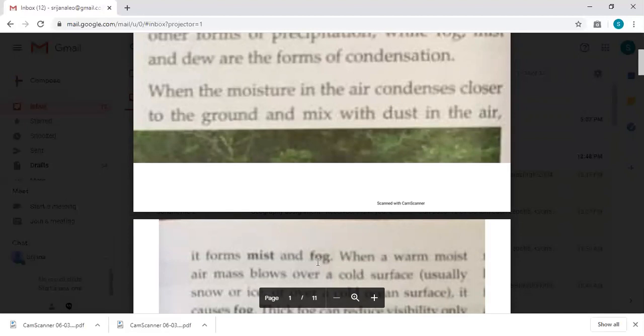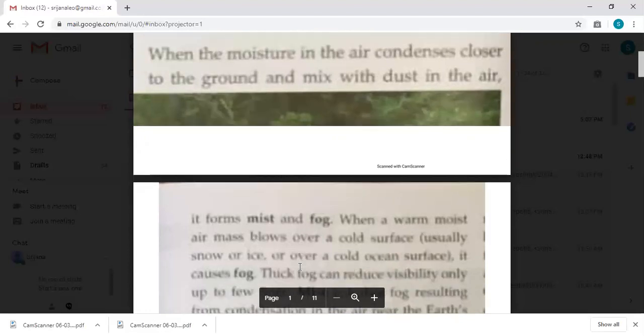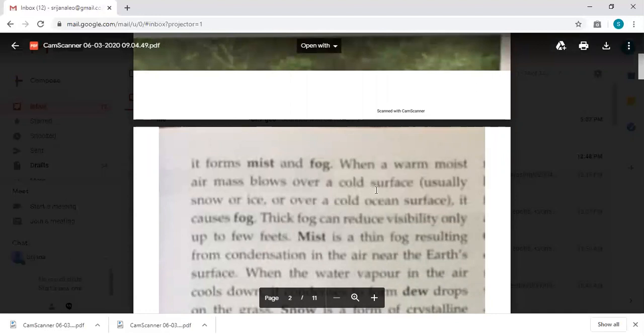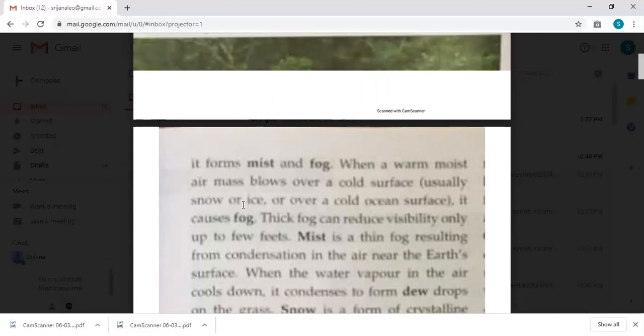But if the water vapor starts to cool down on the ground level only, before reaching a certain height, it will condense on the ground level only. That's when mist and fog are formed.